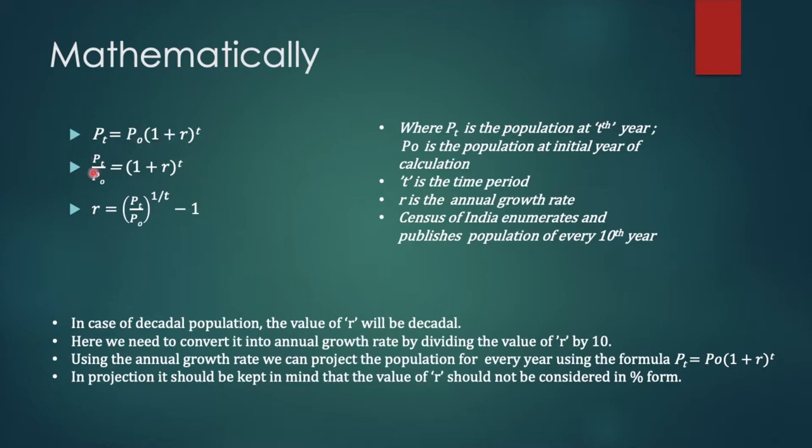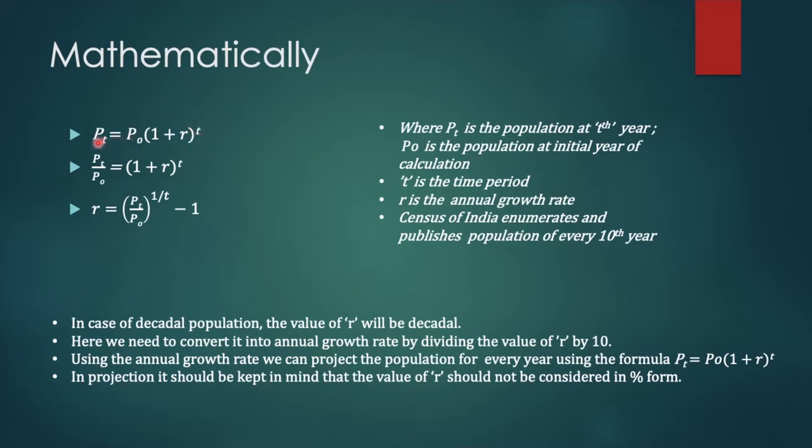So doing simple algebraic equations, we can find out the value of R, which is equal to (Pt / P naught)^(1/T) minus 1. With the help of this formula, you can actually project a future population.